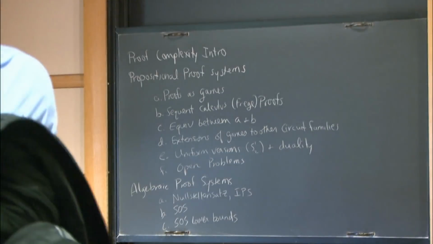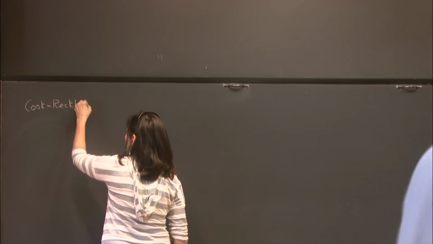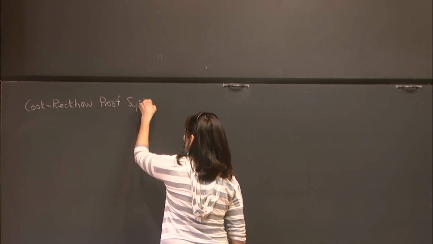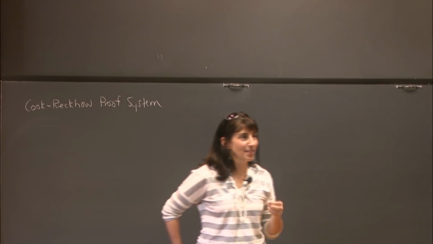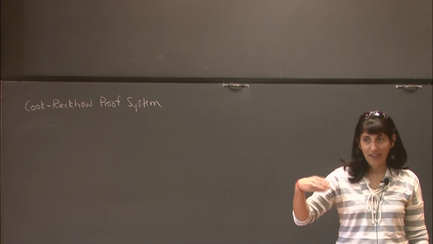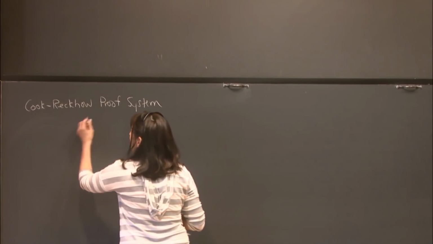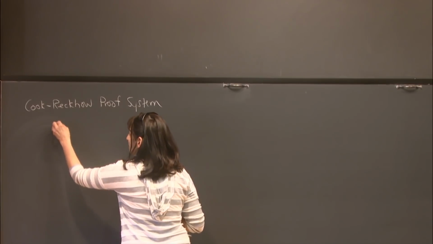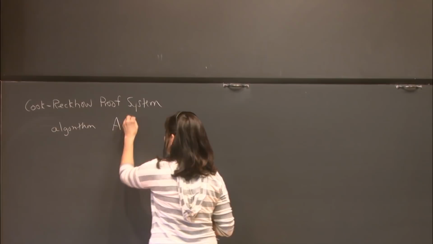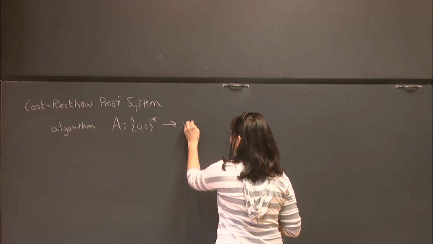So the standard definition of a proof system, what's now standard, is called a Cook-Reckhow proof system. And it's not the typical definition. The typical definition is, you see a bunch of rules and axioms, and we'll get to that in a minute. But this is a very general definition: a Cook-Reckhow proof system is just an algorithm or a function A that takes strings to valid.